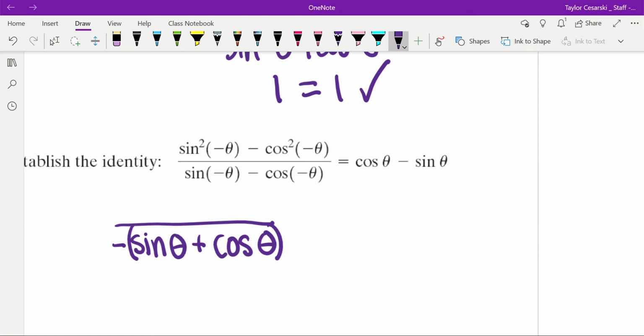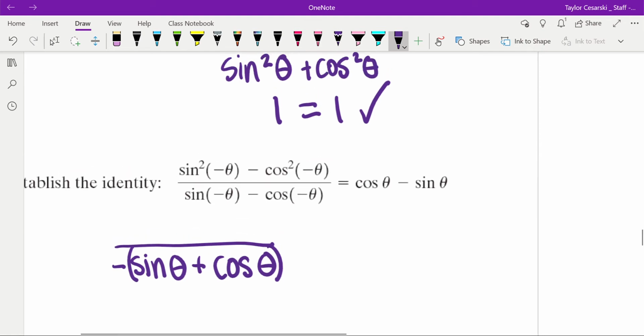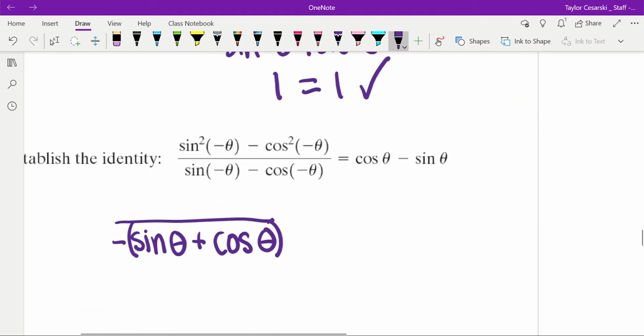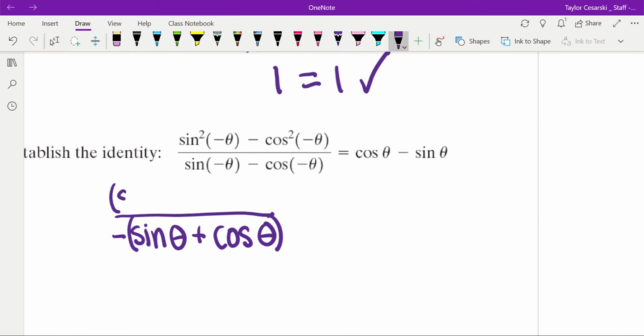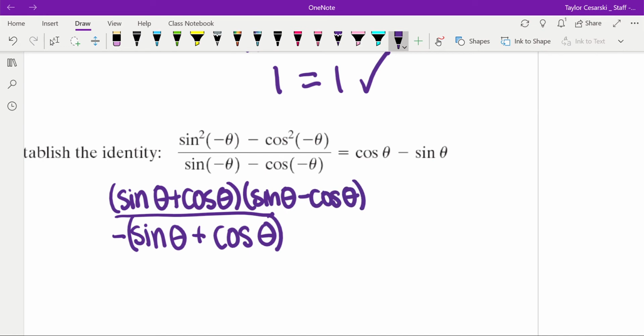All right, so then up top, sine squared of negative theta minus cosine squared of theta, so it's a difference of squares right here. So it's going to be sine of theta plus cosine of theta, and then sine of theta minus cosine of theta, because it's a difference of squares.